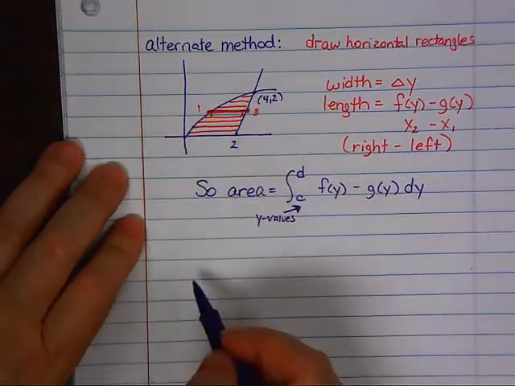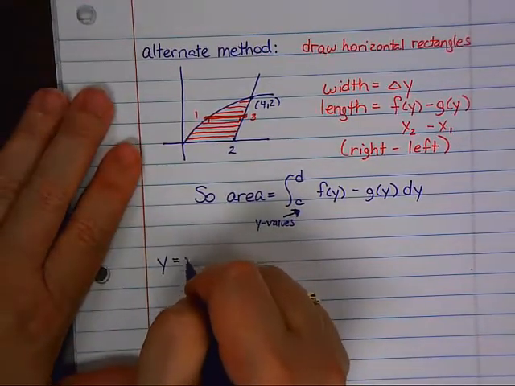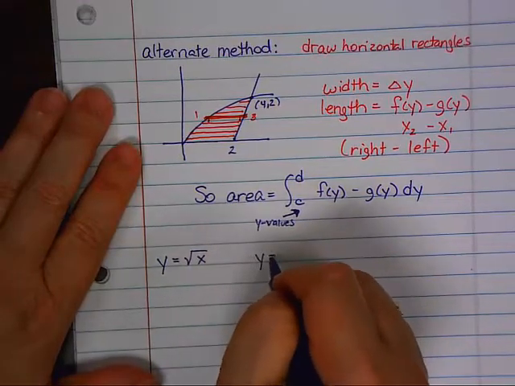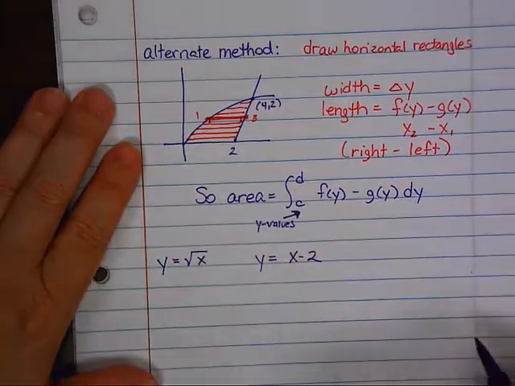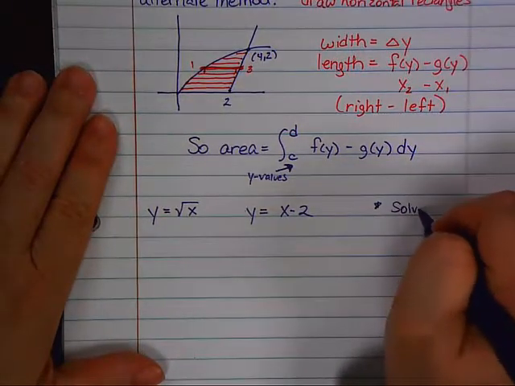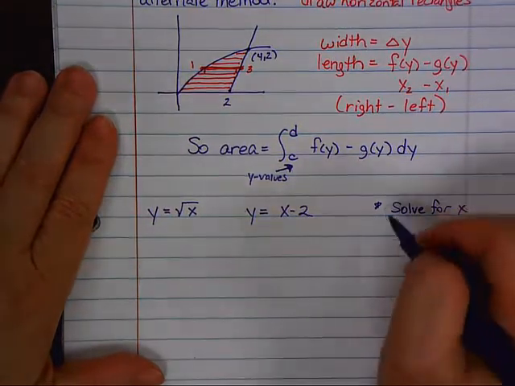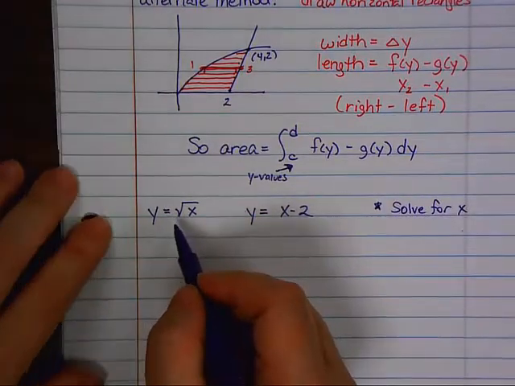So let's go ahead and finish this problem out. Let me recopy the equations. Y equals the square root of x, and y equals x minus 2. Those were the two equations we were dealing with. The first thing you must do is solve them both for x. They have to be in terms of x. So, what is the first equation in terms of x?